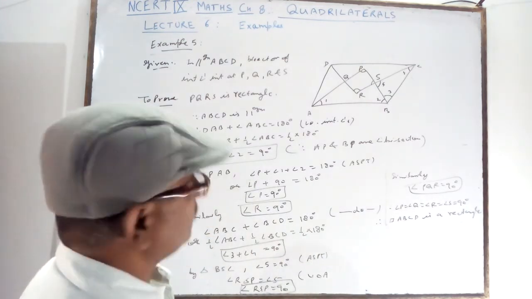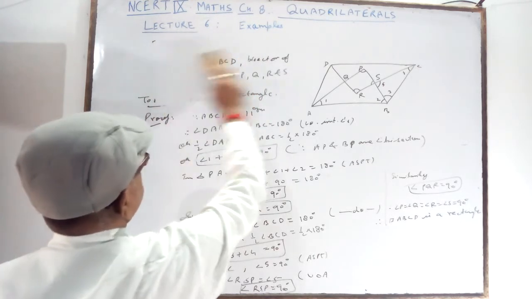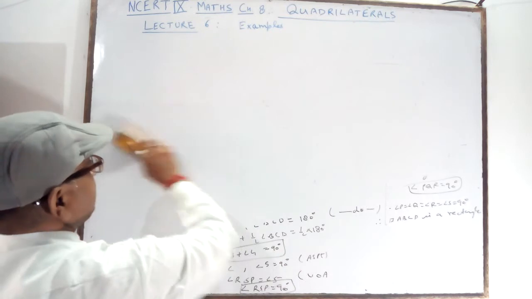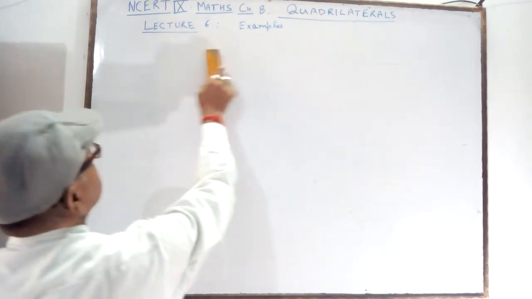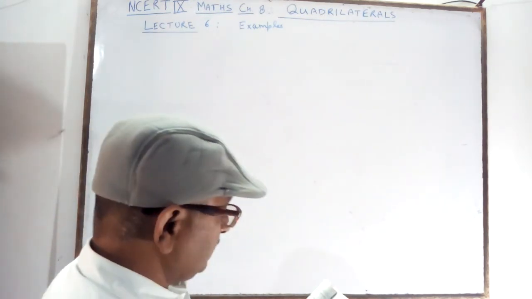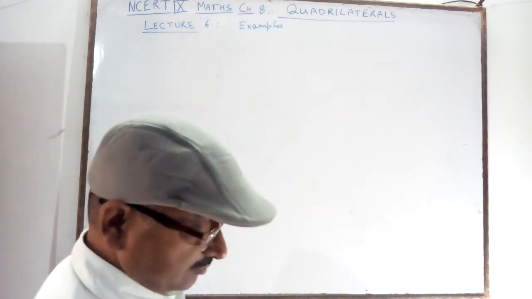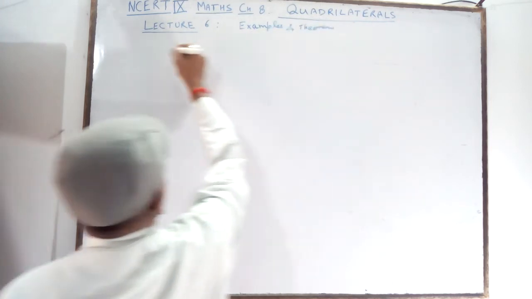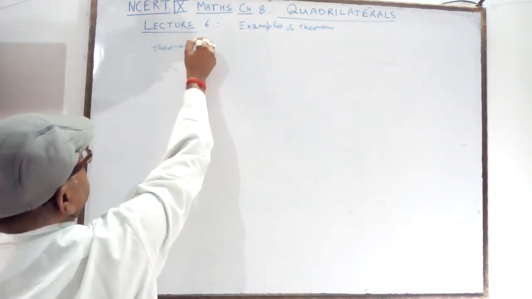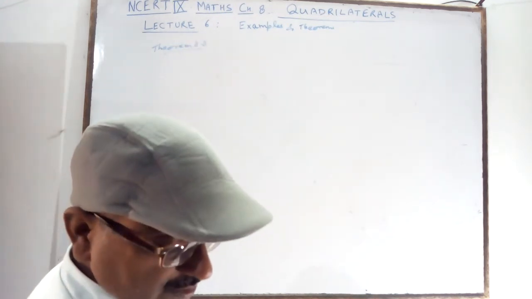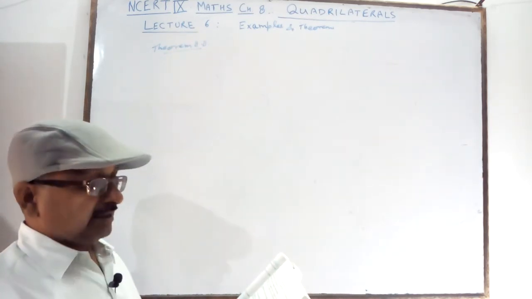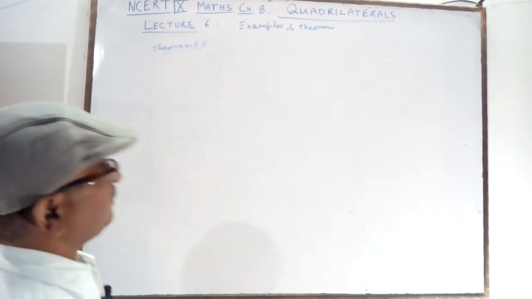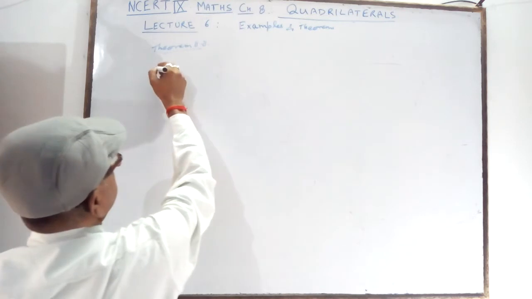This is theorem 8.8 in NCERT. It says: a quadrilateral is a parallelogram if one pair of opposite sides are equal and parallel. It is a theorem.